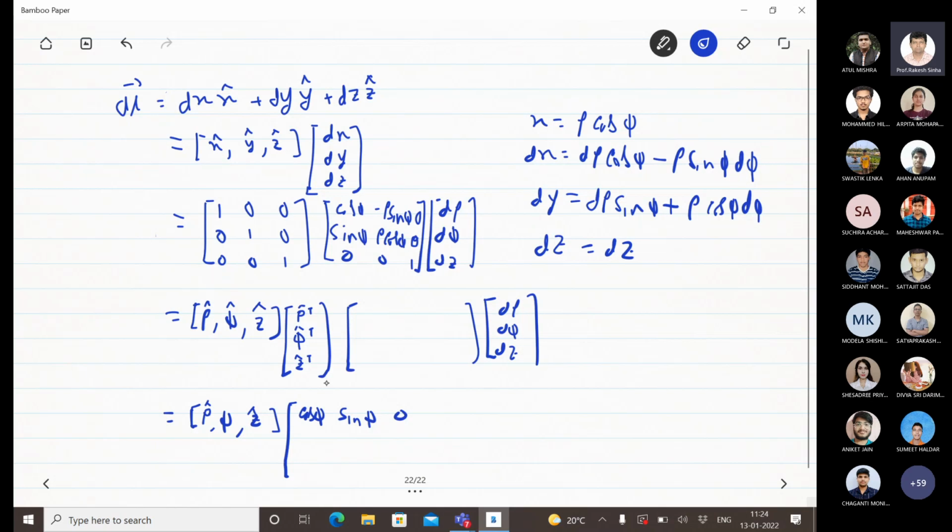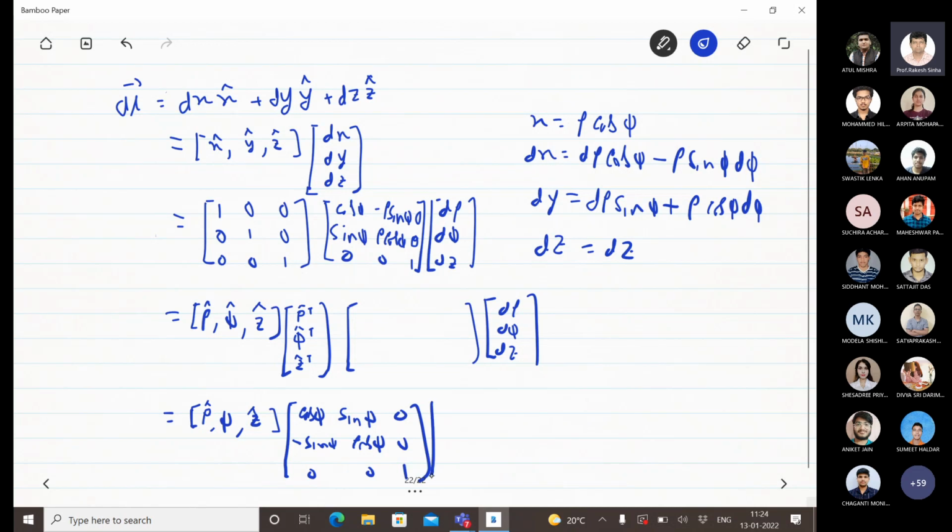The phi vector transpose is minus sin phi, cos phi, 0. And the z vector transpose is 0, 0, 1.